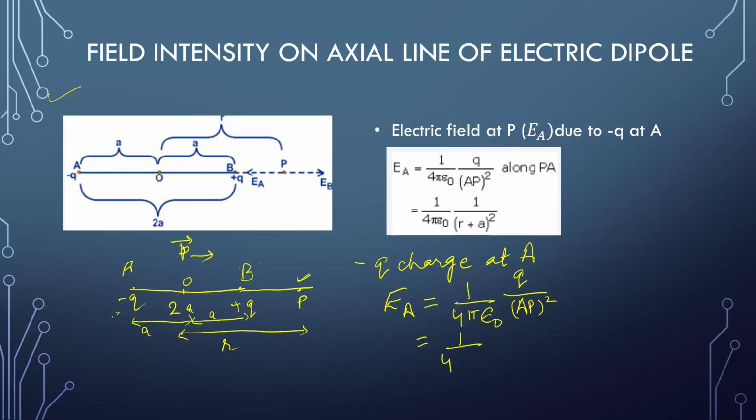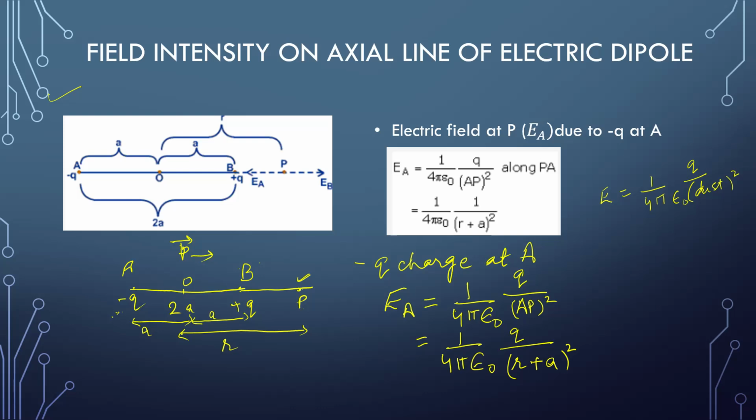And AP will be equal to r plus a. So EA is 1 upon 4 pi epsilon naught q upon (r plus a) whole squared. The expression we are using is the electric field at a point due to a point charge, that is E is equal to 1 upon 4 pi epsilon naught q upon distance squared. So, whatever is the distance squared of that.